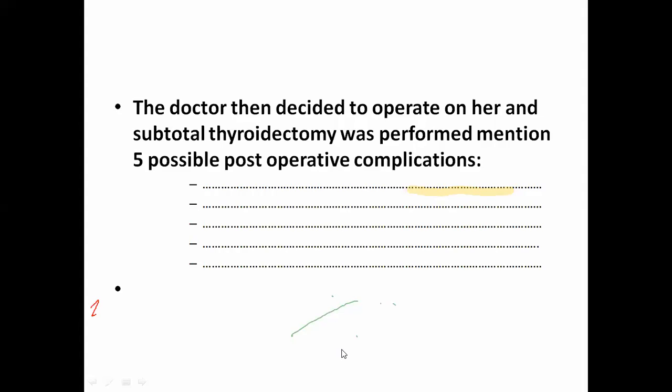Thyrotoxic storm happens with aggressive manipulation of the thyroid, releasing a lot of thyroxine if the patient was not well controlled. We will have thyrotoxic storm, and this may kill the patient.